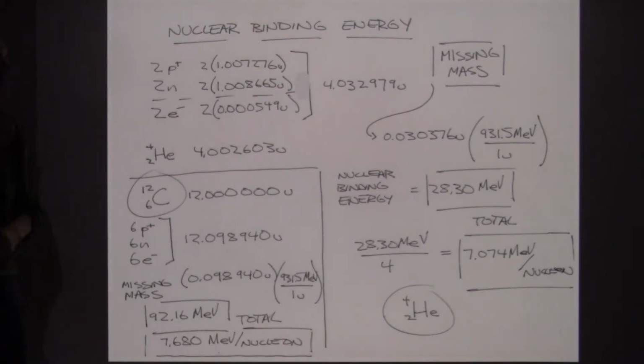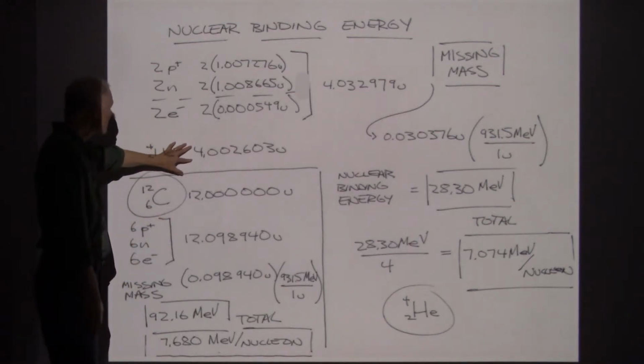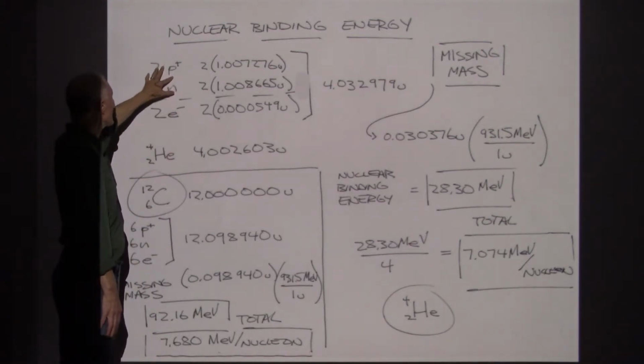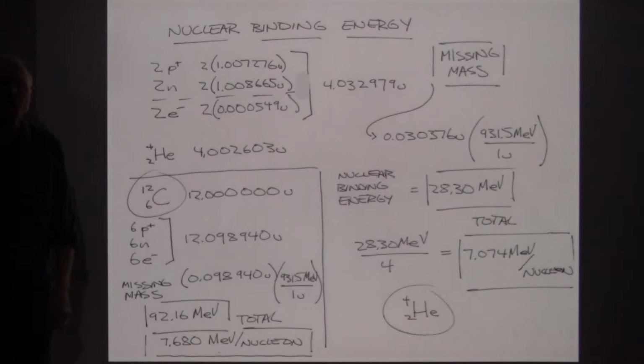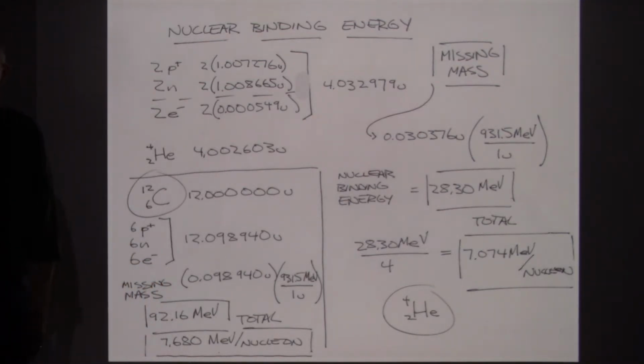For a helium nucleus, the mass is less than the mass of 2 protons and 2 neutrons. And you go, well, how does that work? Well, the nuclear force has the effect of negative energy. Potential energies can be thought of as literally negative, and they reduce the overall energy, and that means they reduce the overall mass.